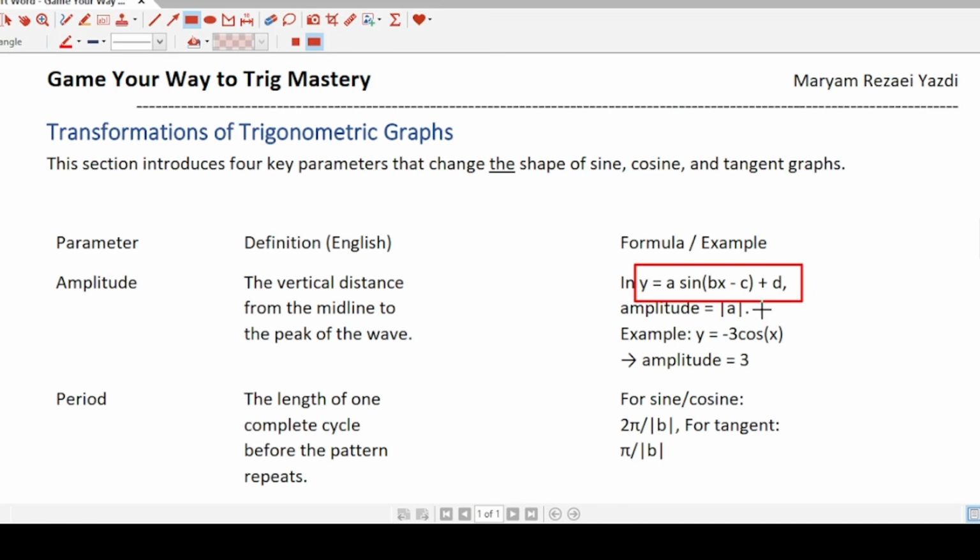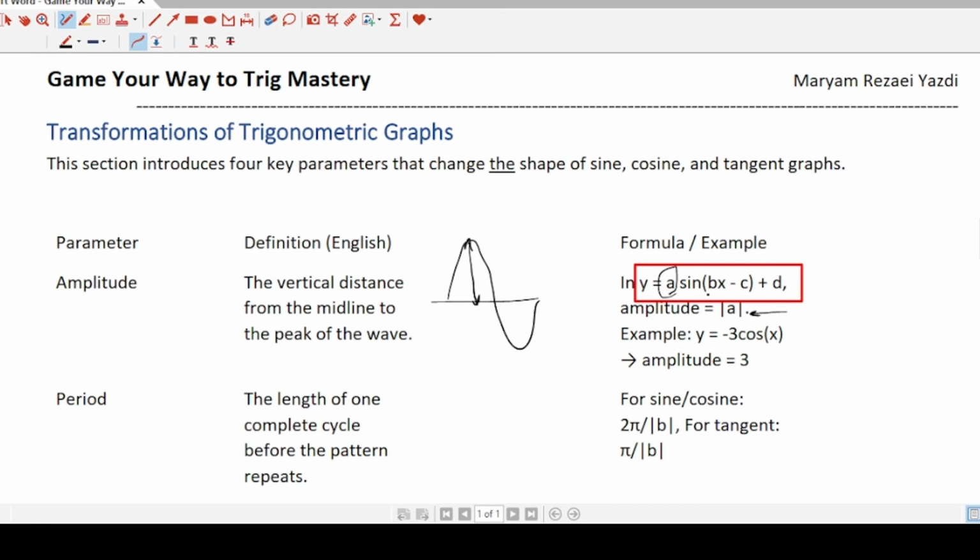If we want to see, when we draw the sine, how much the amplitude, that is this distance, becomes, we take the absolute value of the coefficient of sine because the wavelength is positive.